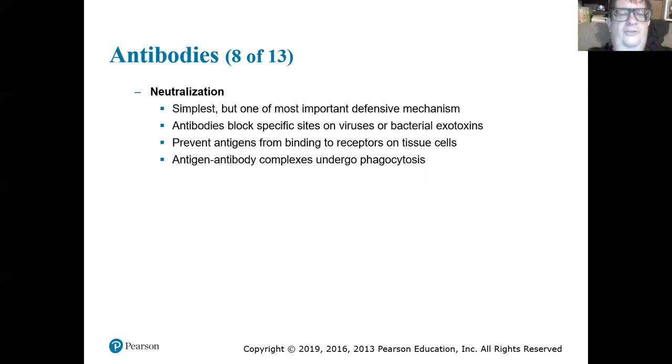So neutralization is simple, but it's very effective. Antibodies block specific sites on the virus or the bacterial exotoxin. They prevent the antigens from binding to receptors on tissue cells. And antigen antibody complex undergoes phagocytosis. So let me summarize here. What they're saying is, say there is a bacteria or a virus that's trying to get into cells.